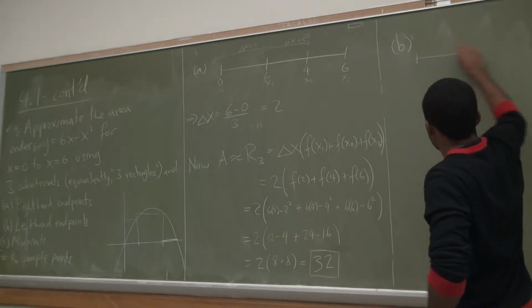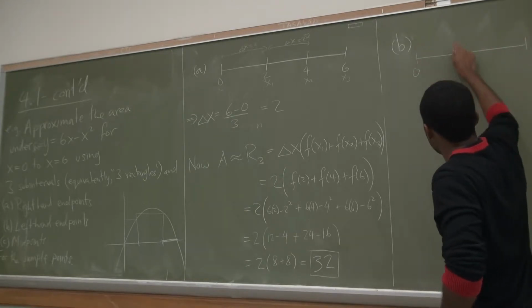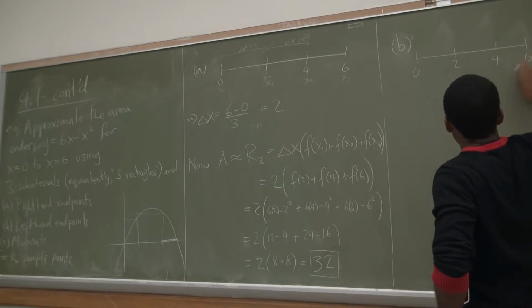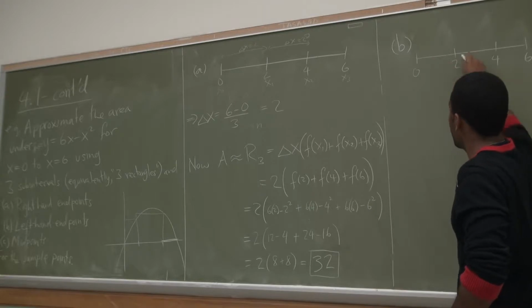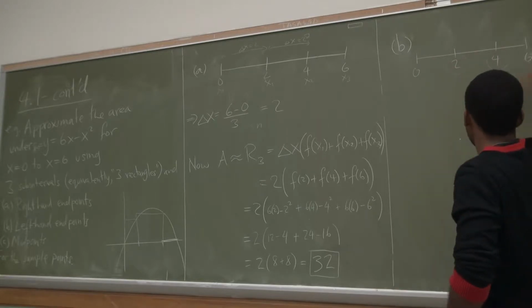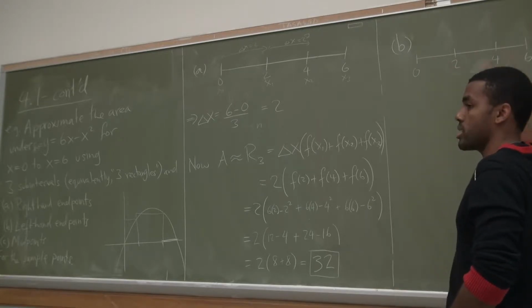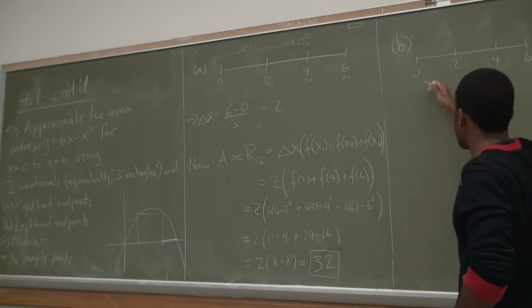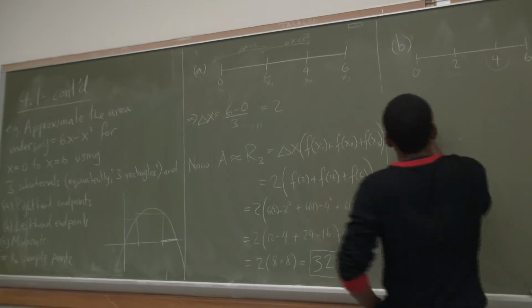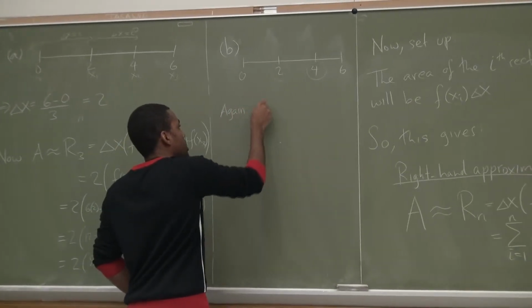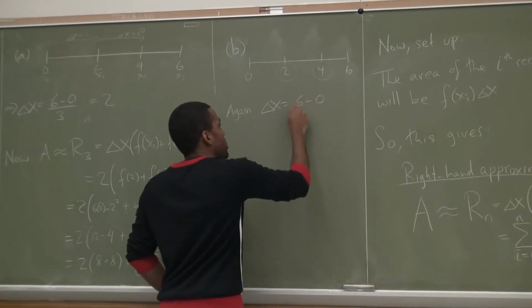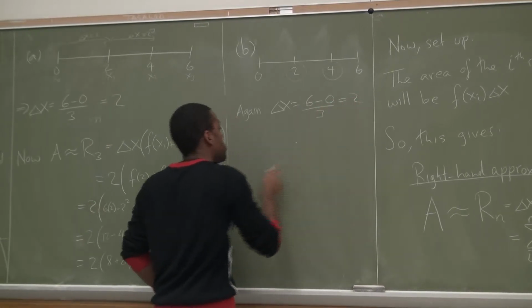For left hand, we have the same interval. Start from the left, but now we only pick the guys on the left. So that means 0, 2, and 4 is who we want. Disregard 6 because it's on the right side. So you pick every guy except the last guy. So again, delta x equals 6 minus 0 over 3 equals 2.